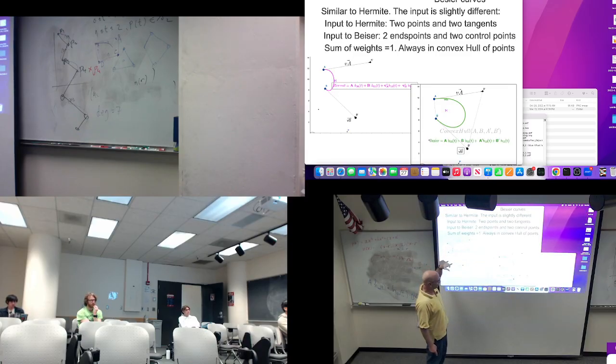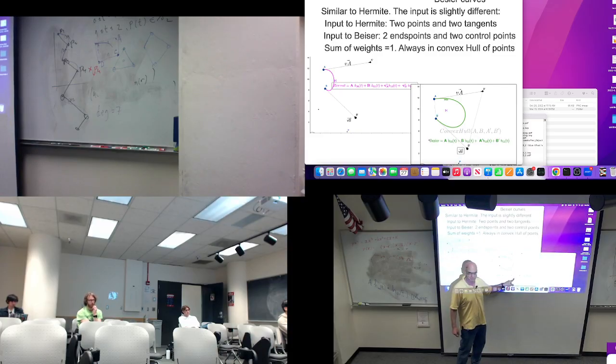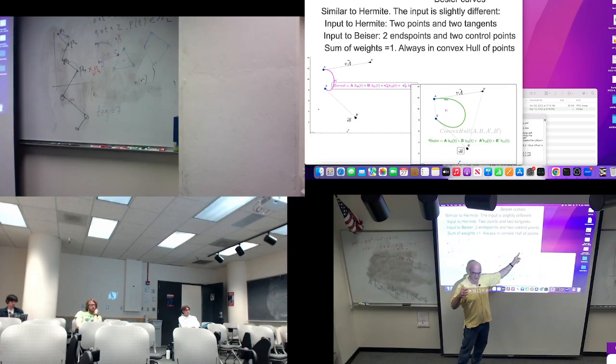Bezier wants a start point, an end point, and 2 control points, A prime and B prime. And you'd like to think that the vector from A to A prime is the input that we gave to the Hermite, which is almost correct.